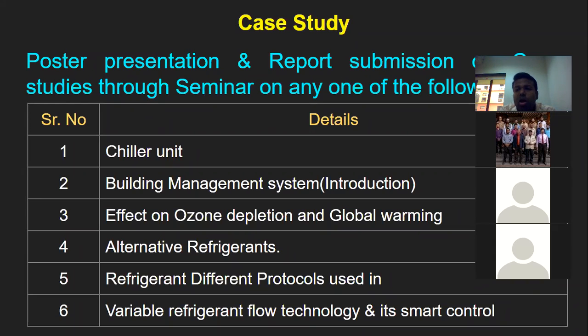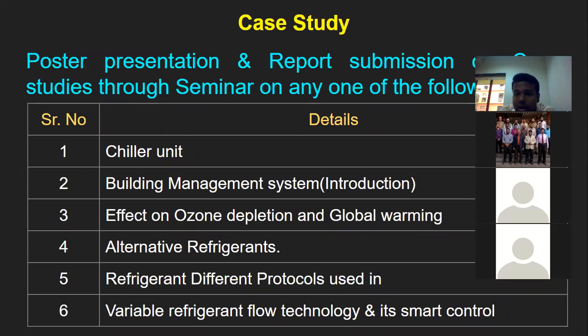A chiller unit is made up of a number of components, so you should understand what those components are. Once you understand the components, you should know the sequence to place those components, that means you should know the arrangement of the chiller unit. Once you have the arrangement of the chiller unit, you should determine how it is working.